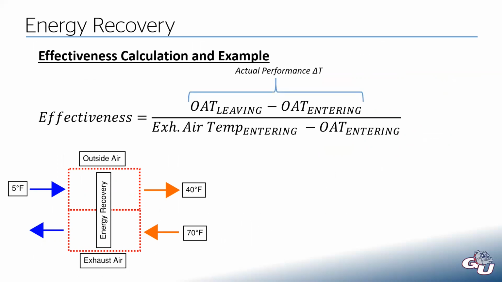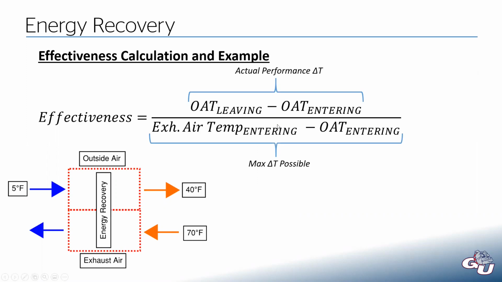Temperature leaving minus temperature entering. How much delta T did we actually get out of this thing? And then we divide by what is our exhaust air temperature entering the device minus our entering outside air temperature. And you could look at that as this is our maximum delta T we could possibly see.